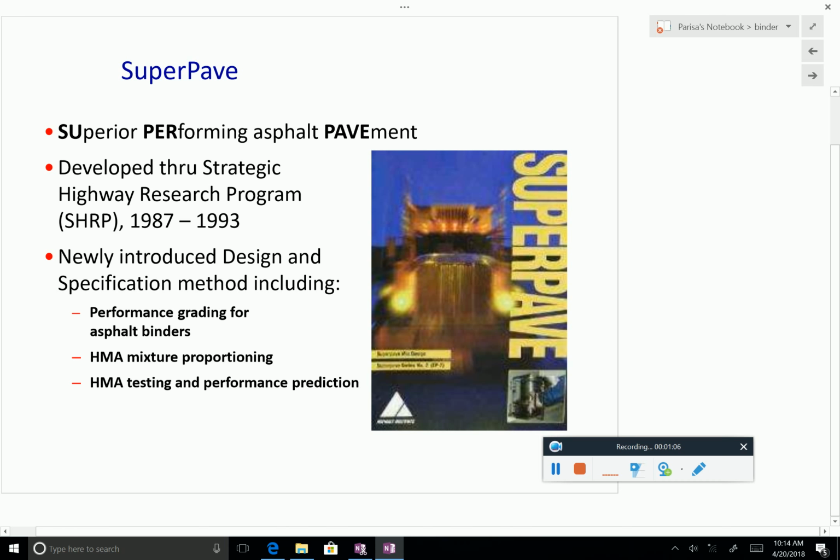And this performance grading is relevant to the modern pavement design strategy, which is called Superpave, an abbreviation somewhat of superior performing asphalt pavement. And this is relatively recent, and it considers the performance of asphalt considering the 3 major deterioration mechanisms that we talked about last time.